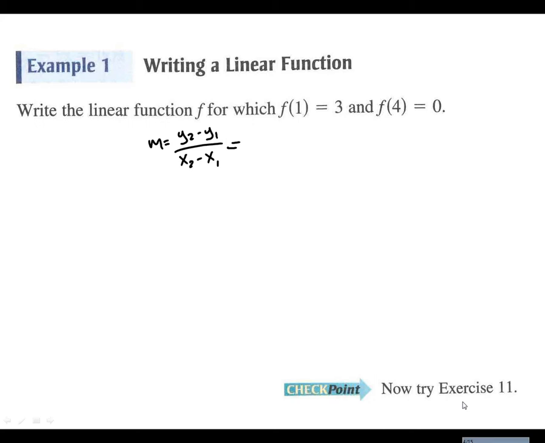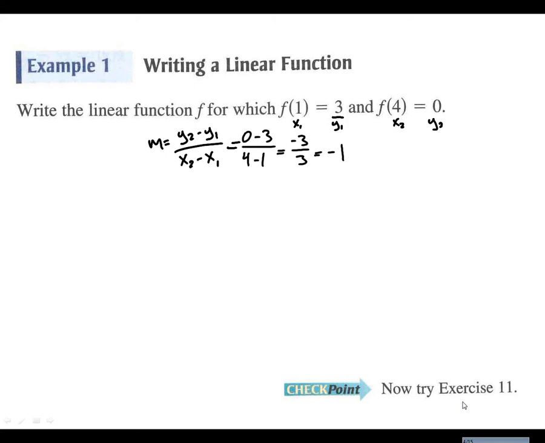And our first y number is 3. There's your y's, and there's your x's. There's an x, there's a y. So let's line them up. 0 minus 3 over 4 minus 1, negative 3 over 3, slope of negative 1.